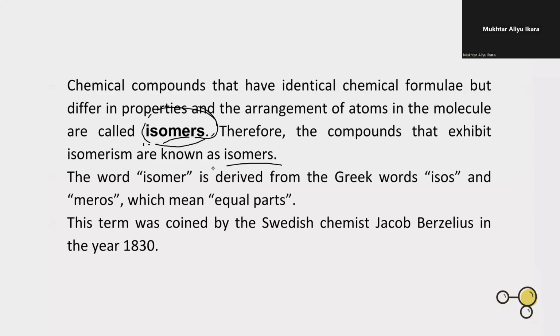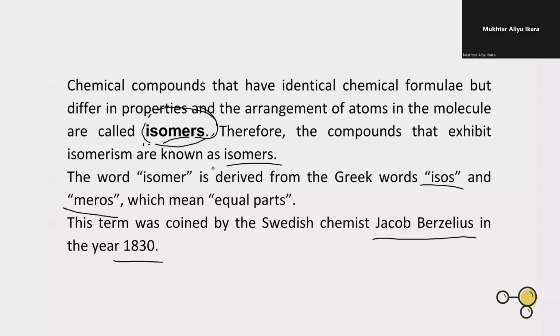The word isomer is derived from the Greek words isos and meros. Isos meros means equal parts, and the term was coined by the Swedish chemist Jacob Berzelius in the year 1830.